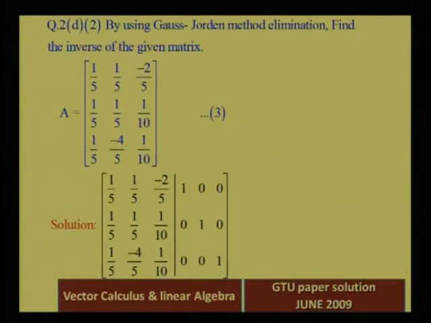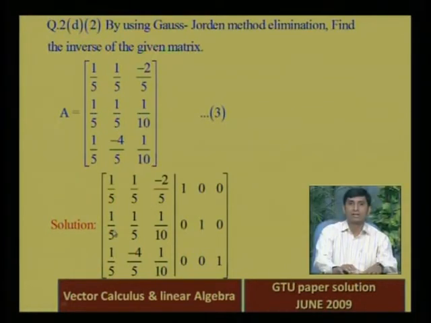This is our leading entry, or sometimes it is called a pivot. Below that leading entry we want 0, and below that leading entry the same element 1 upon 5, 1 upon 5 is there. So that's why we multiply the first row with minus 1 and add it into the second and third rows.